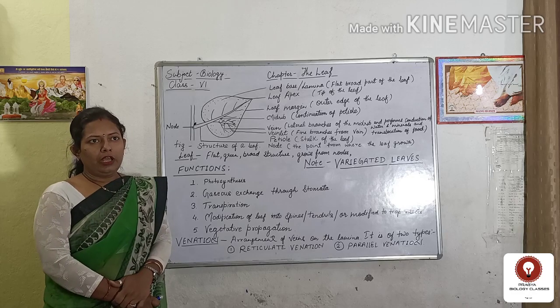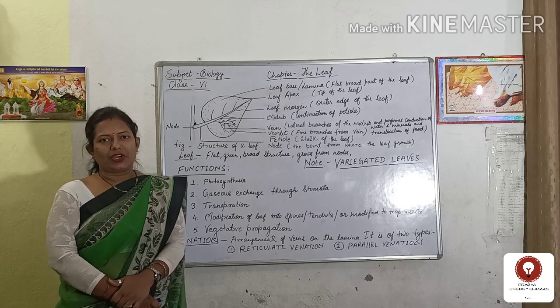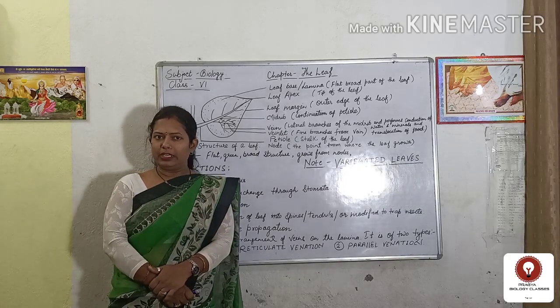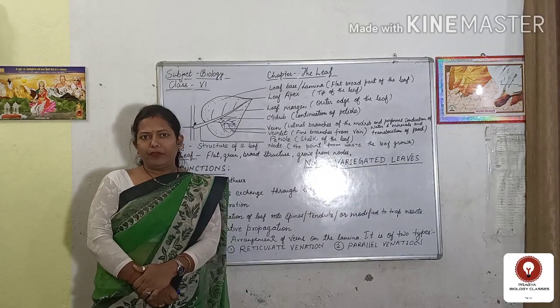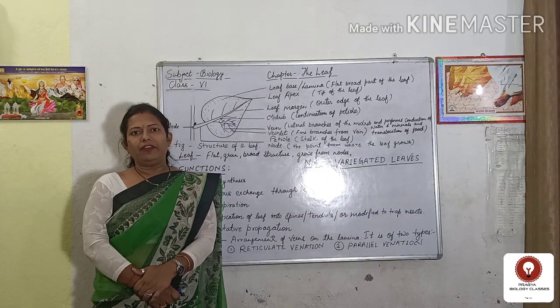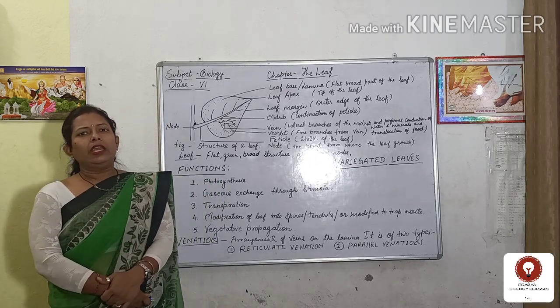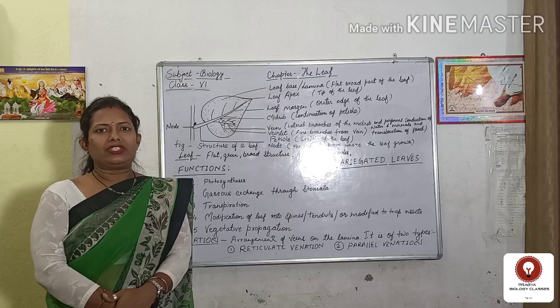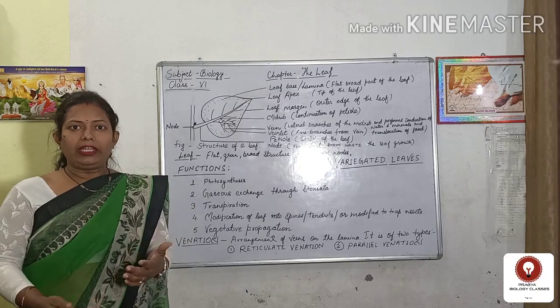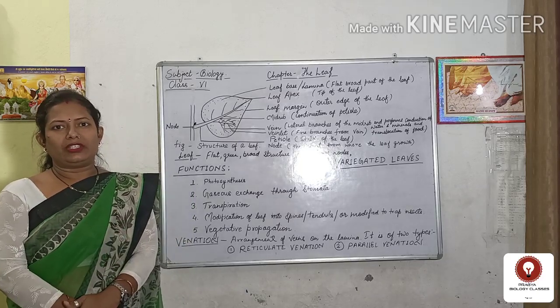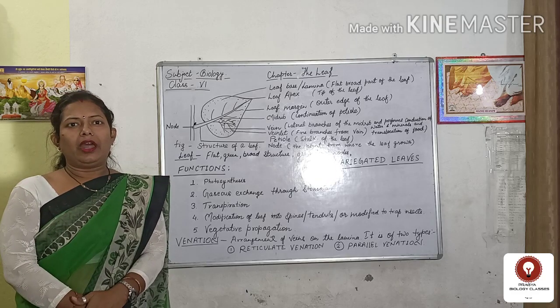So first of all, we should study about the structure and function of leaf. Before starting the structure of leaf, I want to explain what a leaf is. The plant is a very common structure that we see around us.